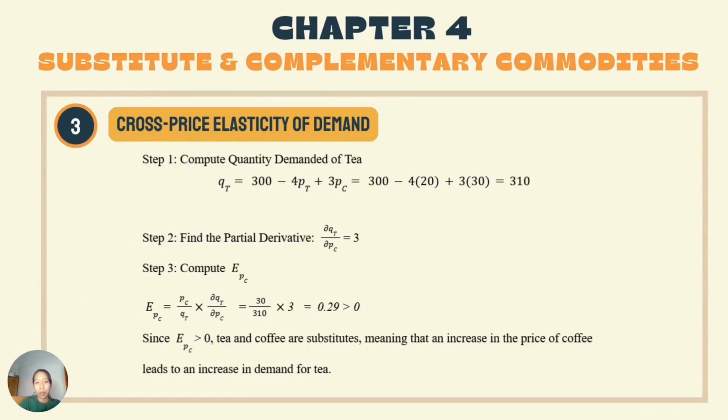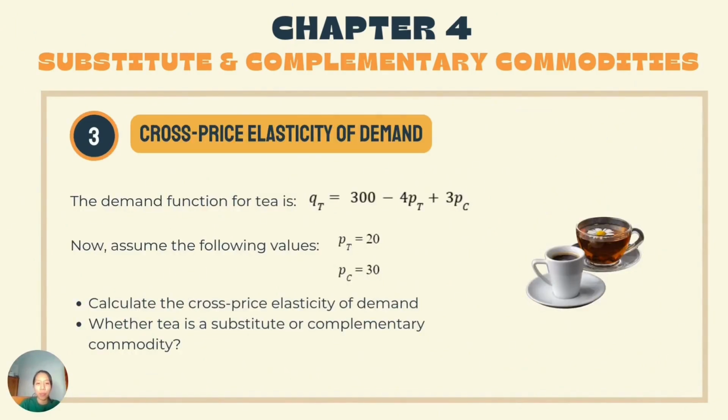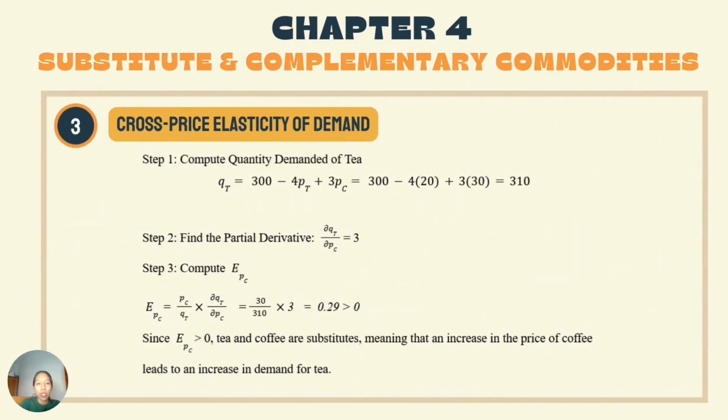Step one, we need to calculate the quantity demanded of tea using the given values: 300 minus 4 times 20 plus 3 times 30, and the final result is 310.